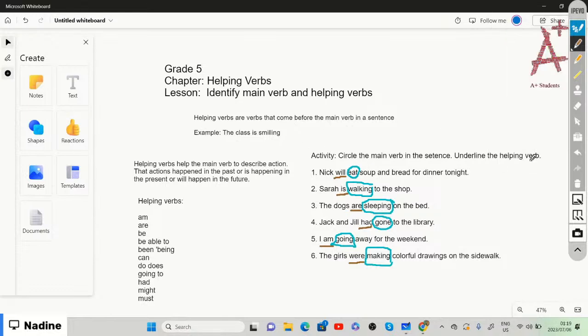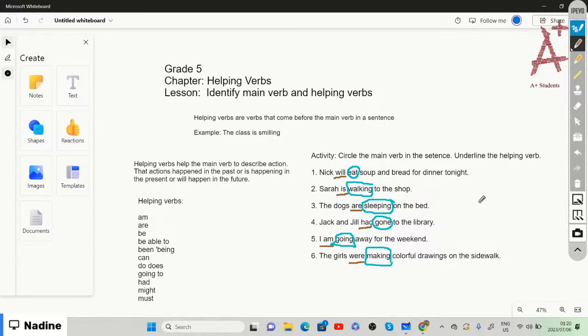So these are but a few examples of the main verbs that we have identified in the sentences, as well as the helping verbs that help the main verb to show action, right? And we see that helping verbs are verbs that come before the main verb within a sentence, right? It doesn't have to be directly next to each other. However, the helping verb does come in front of the main verb, right?